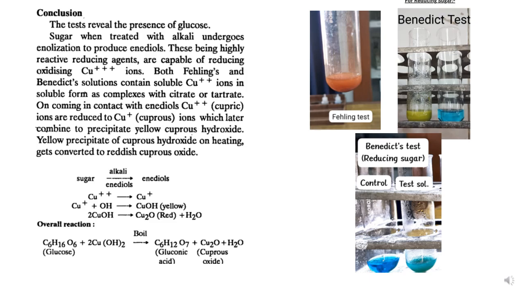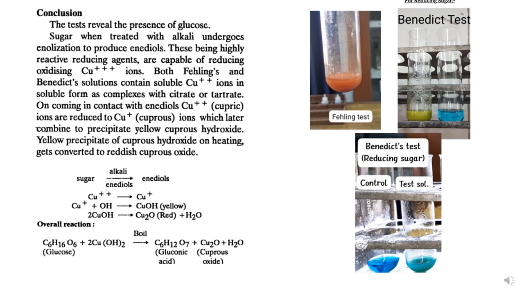And when they come in contact with any enediols, Cu2+, which is cupric, is reduced to cuprous ions, which is Cu+, and they later combine to precipitate yellow cuprous hydroxide.